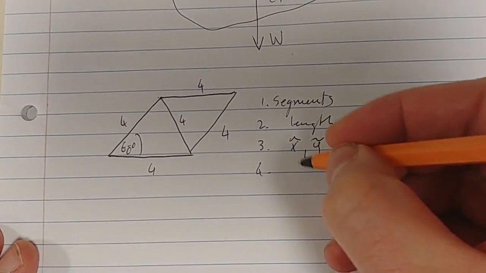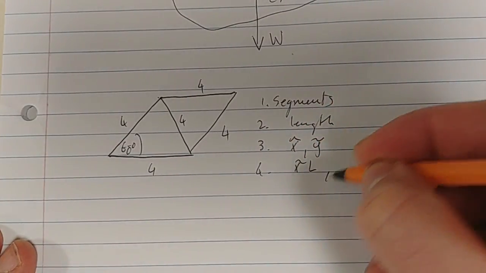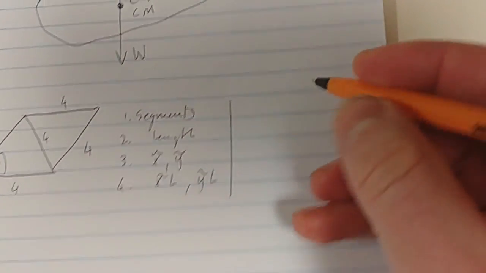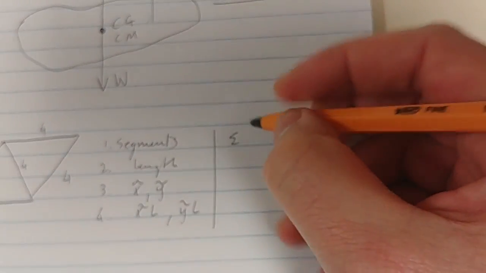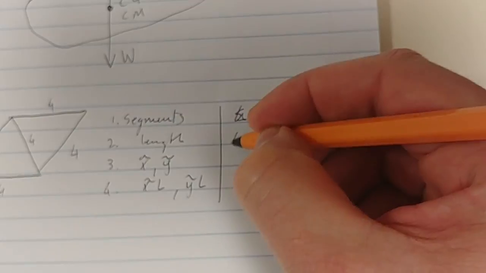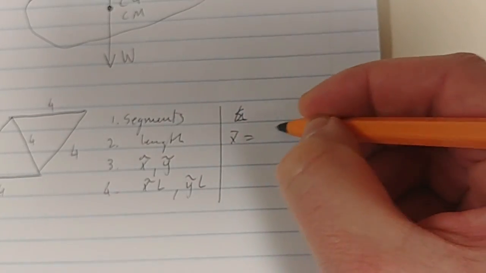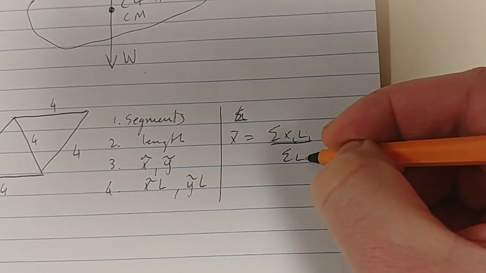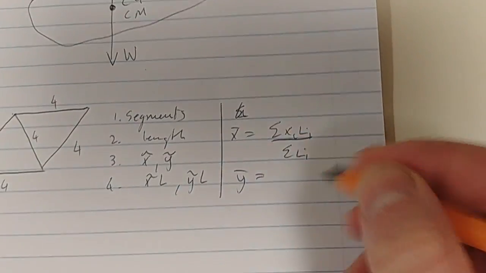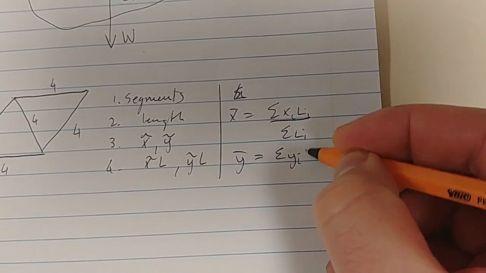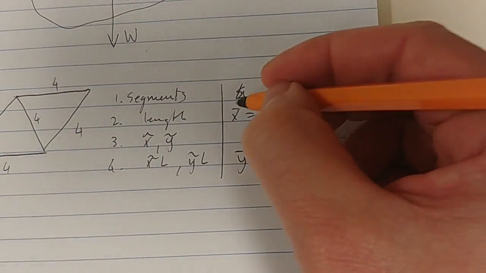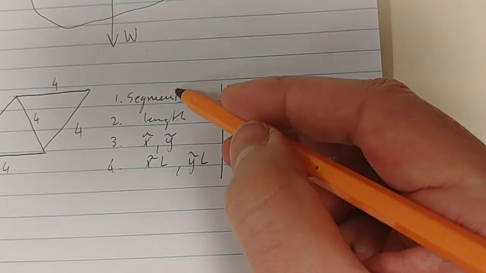We have to calculate the x tilde times length and the y tilde times length of each one. And then we need to apply x bar is equal to the sum of x_i L_i over the sum of the total length, and y bar is equal to the sum of the y_i L_i over the sum of all the lengths, okay?